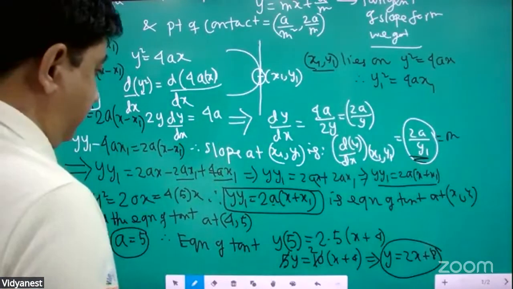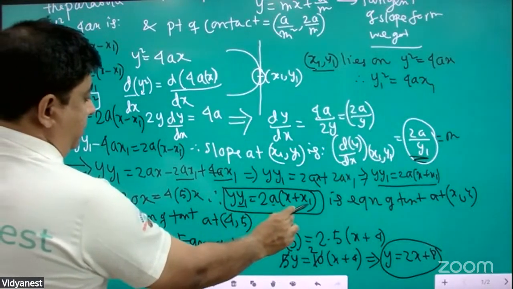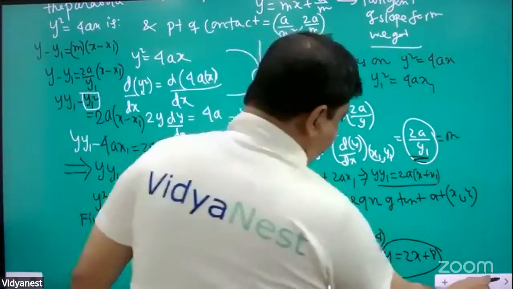Here we have just got the equation of the tangent at any point.